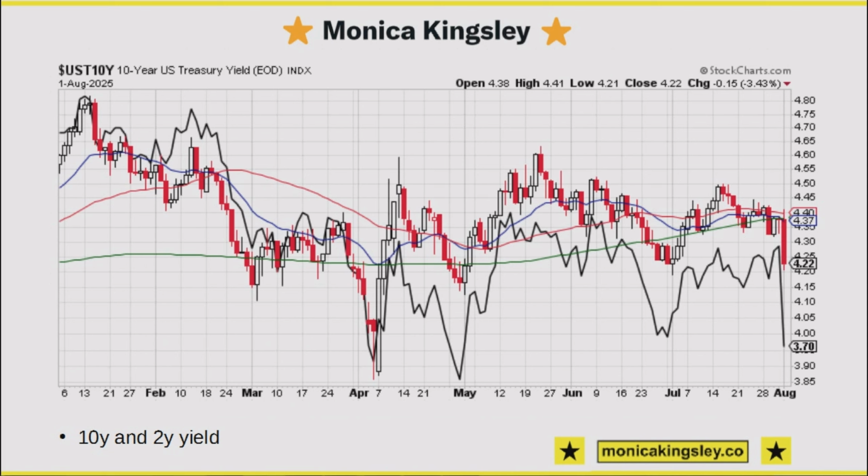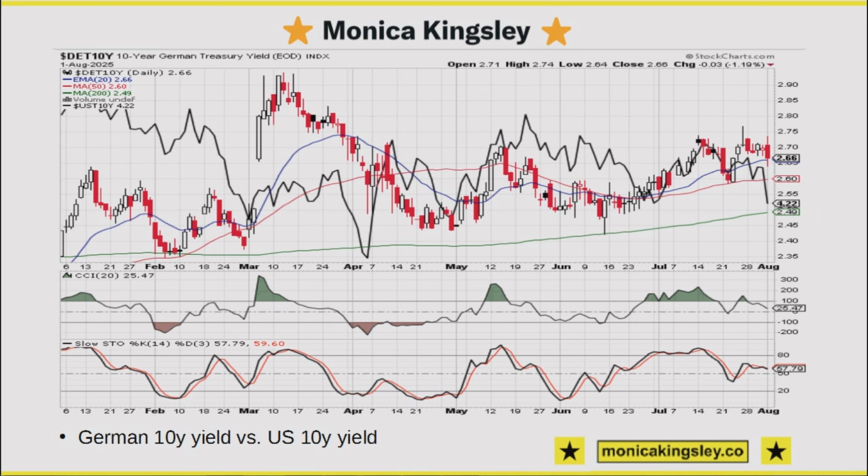Here we go with 10-year to 2-year yields. Well, short-term yields have retreated quite a lot more than corresponds to the long-term ones. So considering that this is actually a steepening of the yield curve, what does this say about the economy as such and the prospects?